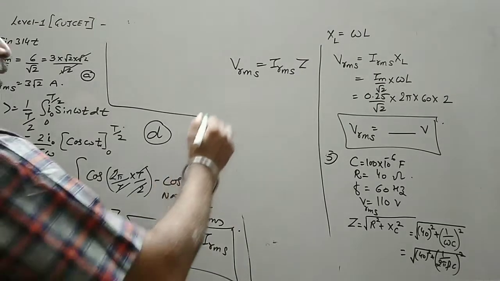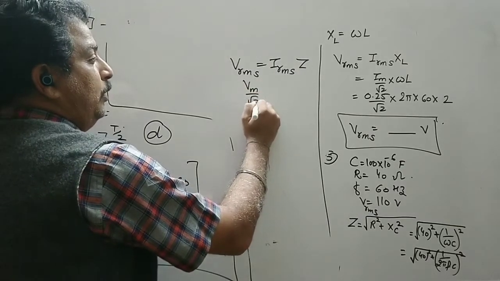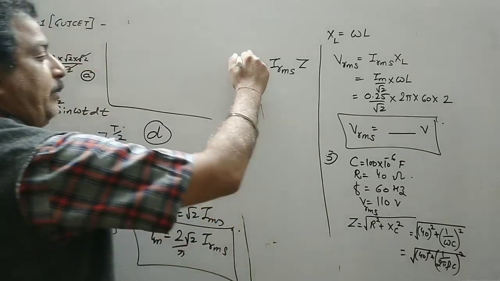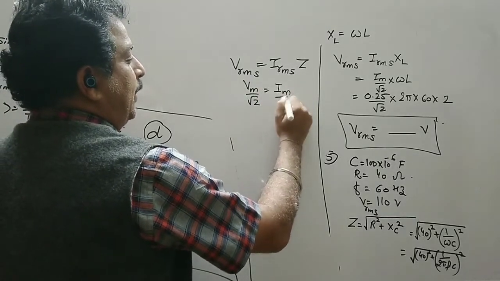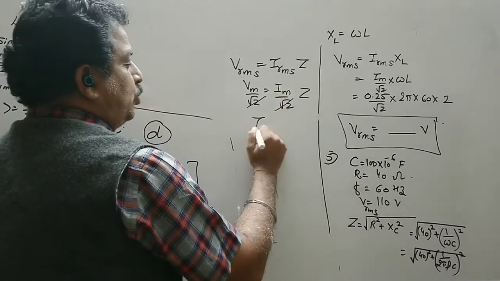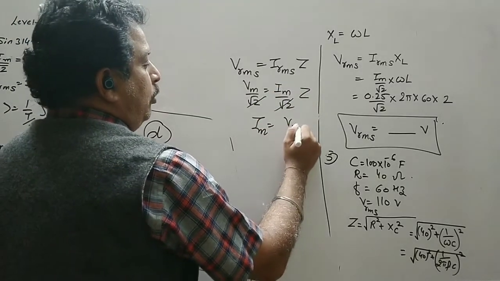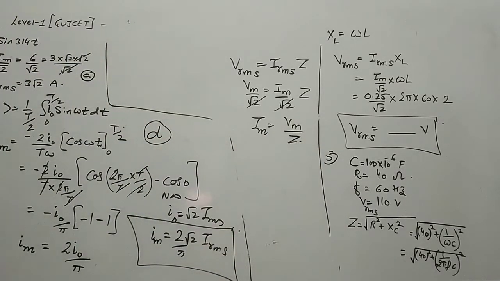So now VRMS can be written as Vm by root 2. In the place of IRMS, I can write Im by root 2 into Z. So root 2 is cancelled. So Im is equal to Vm divided by Z. So this is the direct relation we can use.